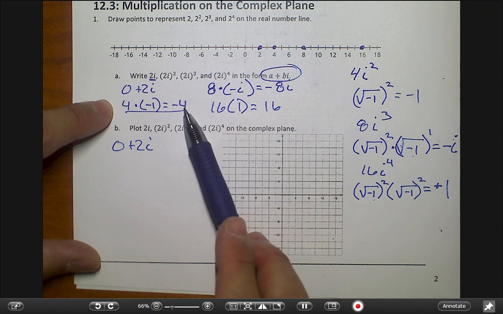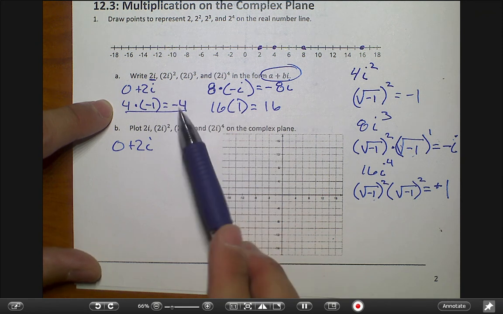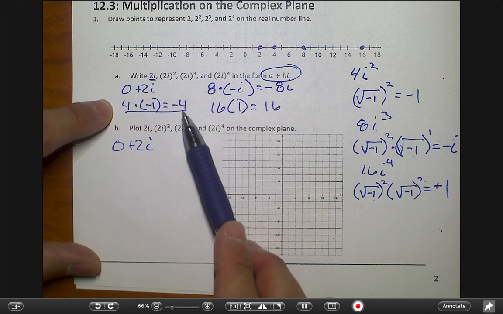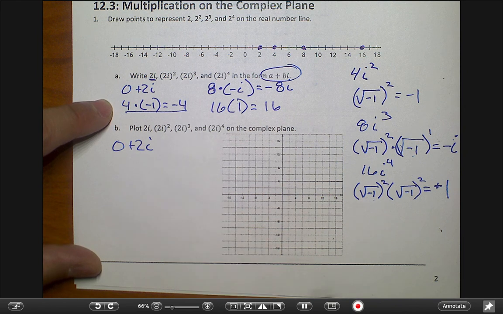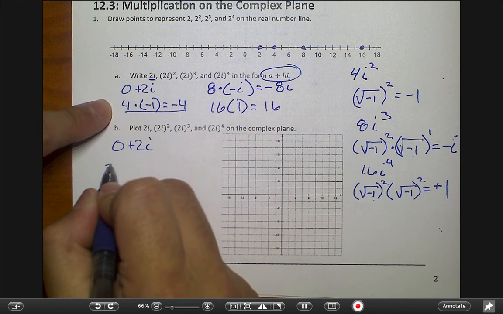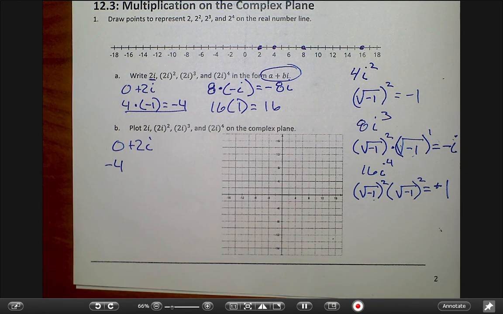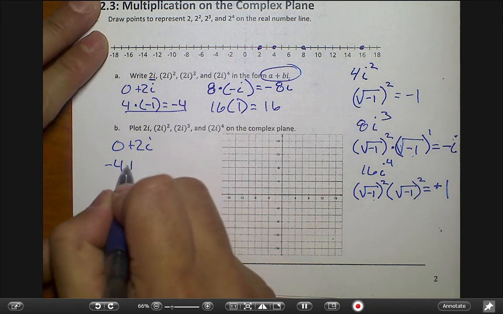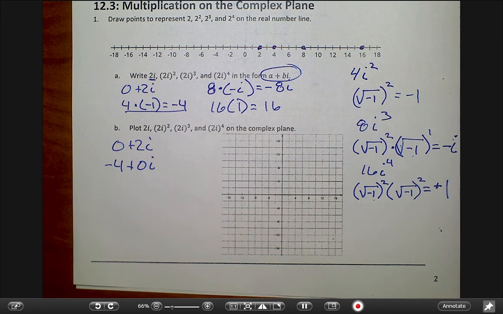Is this real or not real? This is real, isn't it? So how would I write it? -4. Is there any imaginary part? How would I represent that there's no imaginary? +0i. There we go.